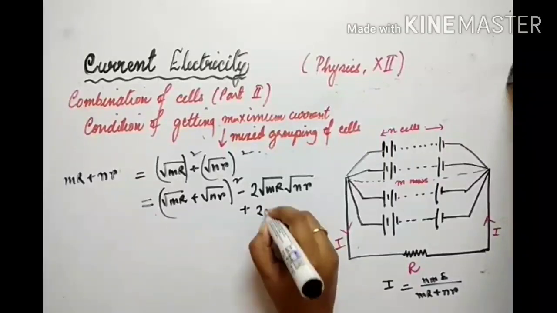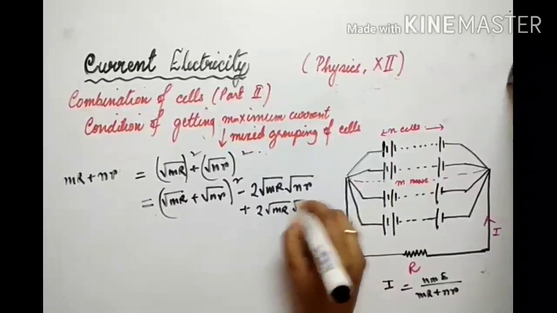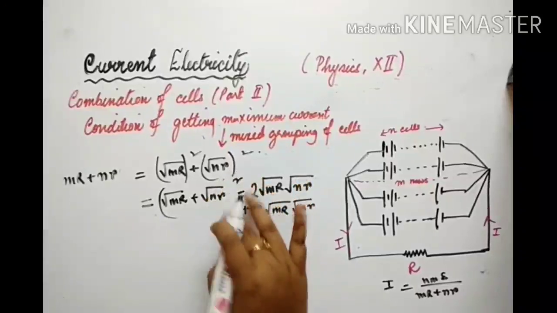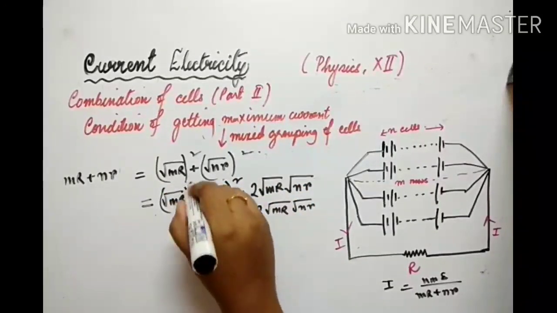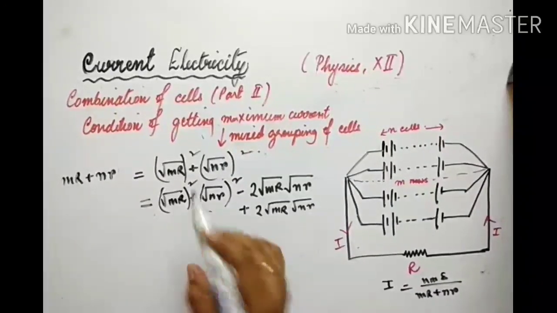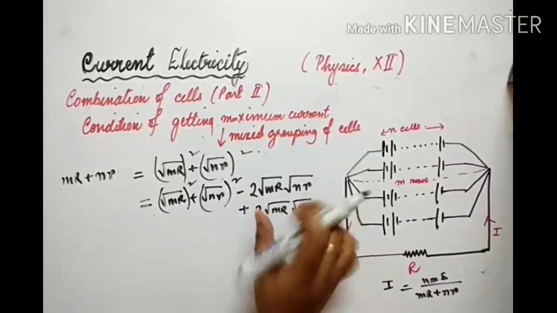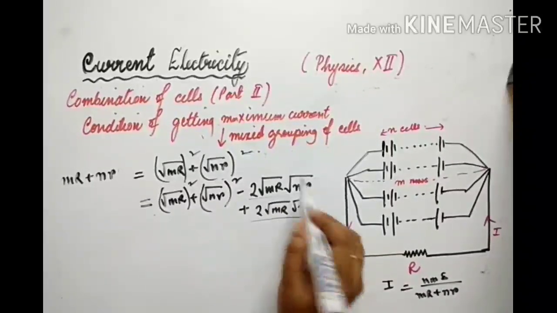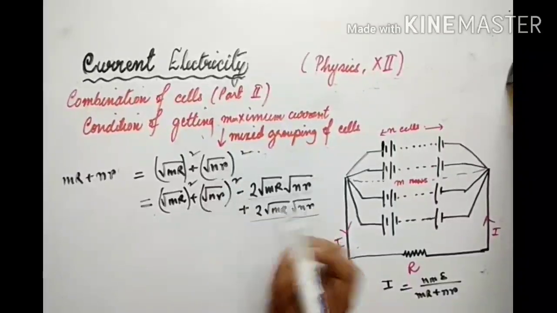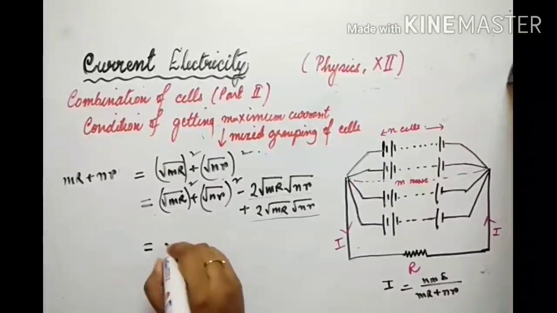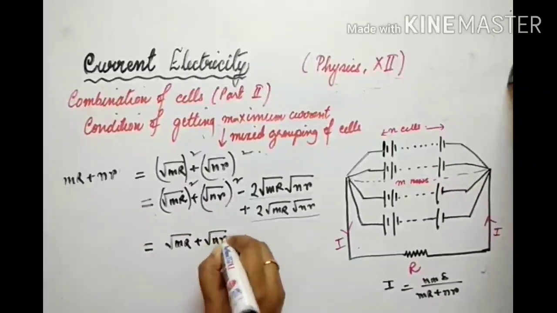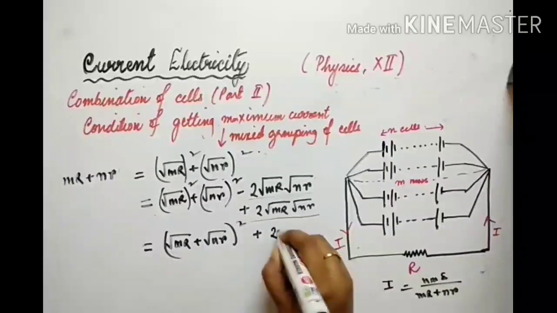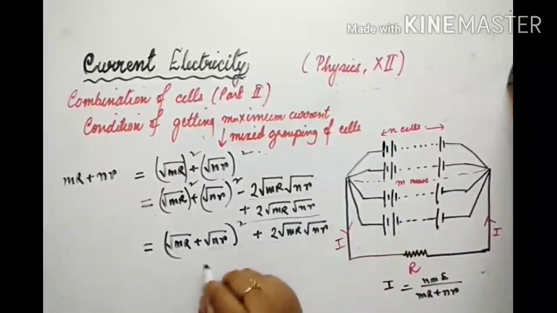To adjust it, we brought an extra term with minus, and we brought the same term again with plus, so this cancels out, and only the original expression remains. Now we get root over mR minus root over nr whole square, plus 2 root over mR into root over nr. This is our expression.